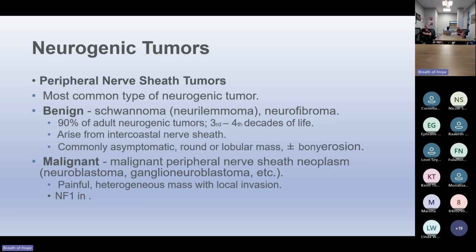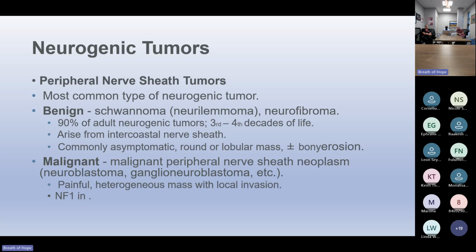Neurogenic tumors, of course, include peripheral nerve tumors. The most common type of neurogenic tumors will be benign schwannomas. Okay, I always struggle to pronounce that. They are 90% of other neurogenic tumors, occur in the third or fourth decade of life, arise from the intercostal nerve, and are commonly asymptomatic, round or lobulated masses with bone erosions.